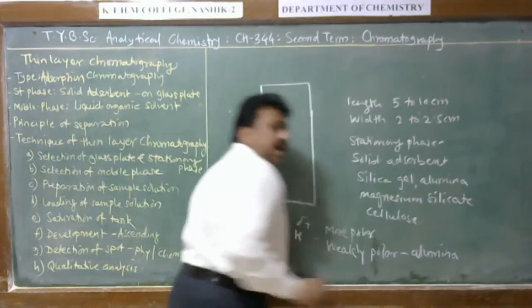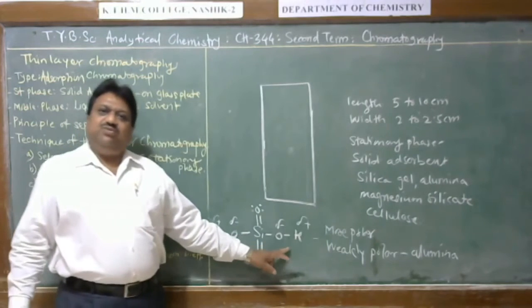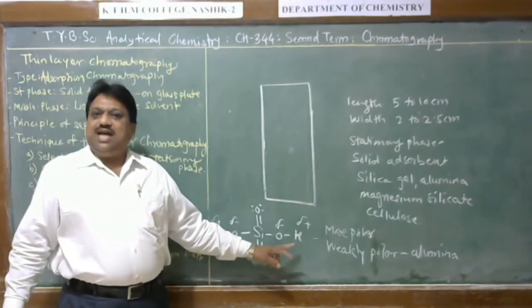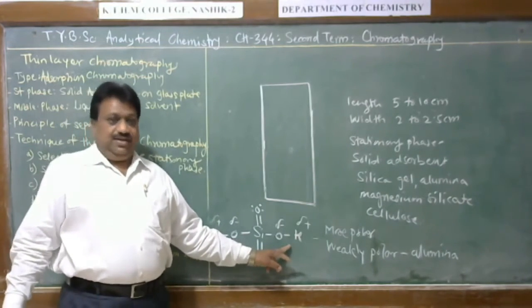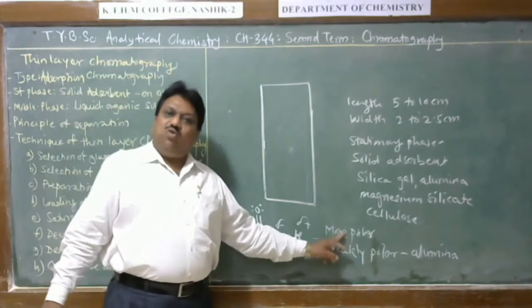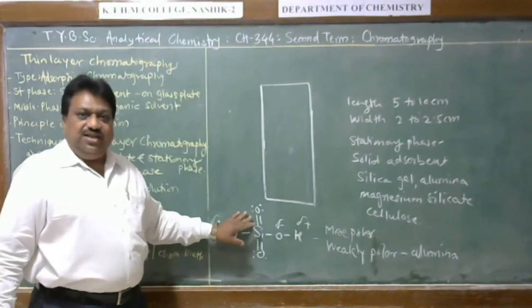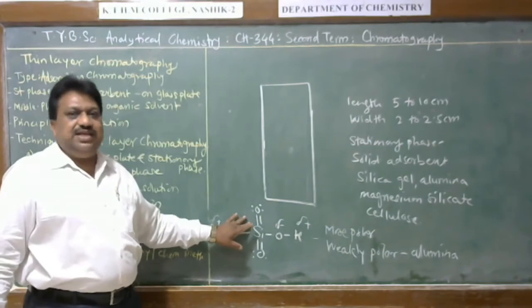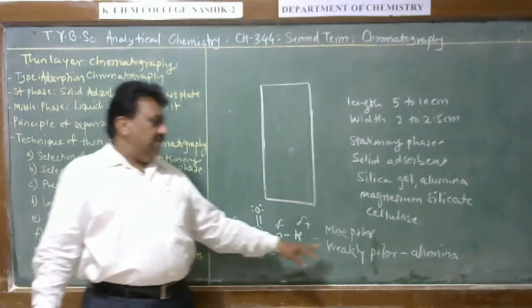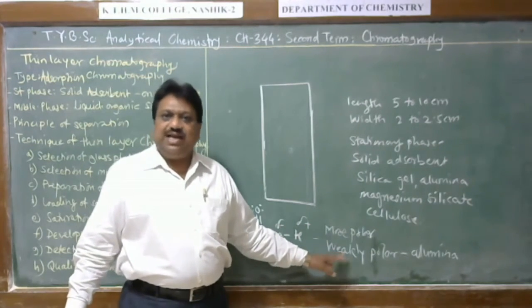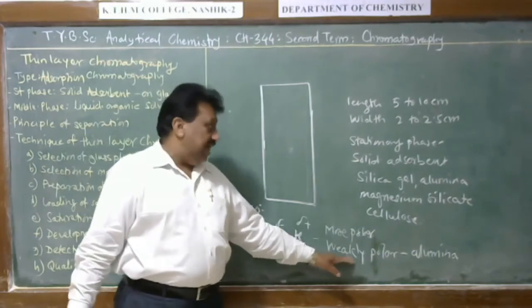Therefore, the choice of stationary phase depends upon the type of sample to be separated. If compounds are more polar, then generally silica gel is used as a stationary phase, or weakly polar compounds can be separated by using alumina.